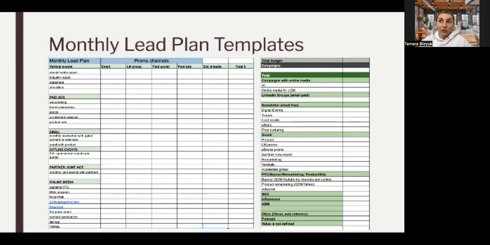Email is a very powerful channel for generating leads, and you can use email for lead gen purposes as well as for product nurturing, product remarketing and stuff like that.